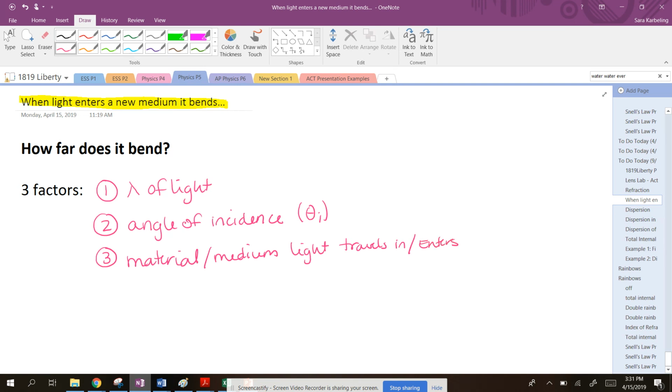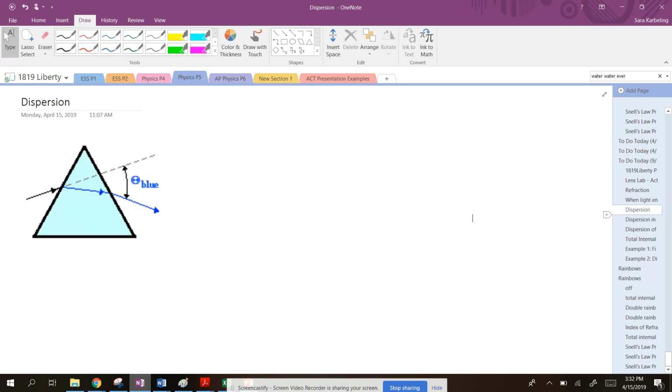So today we're going to focus on the wavelength of light piece, and the result of the change in wavelength and what that's called. I'm going to give you a quick example first.